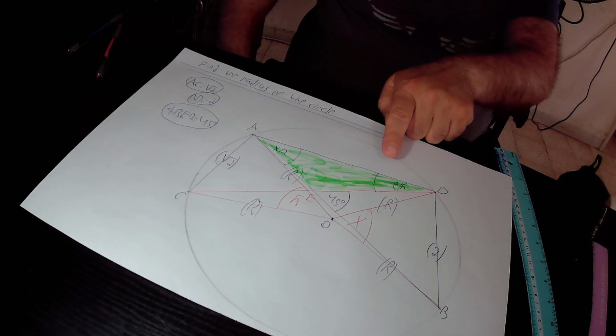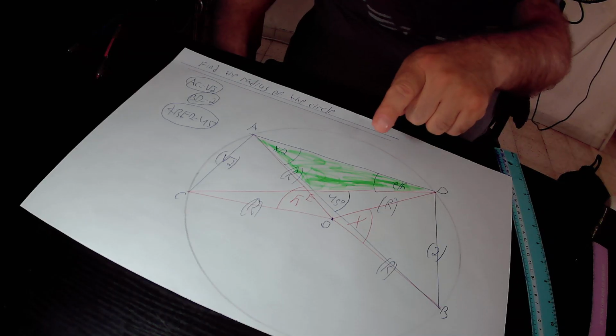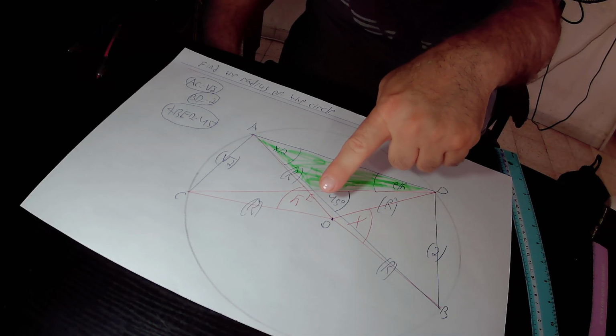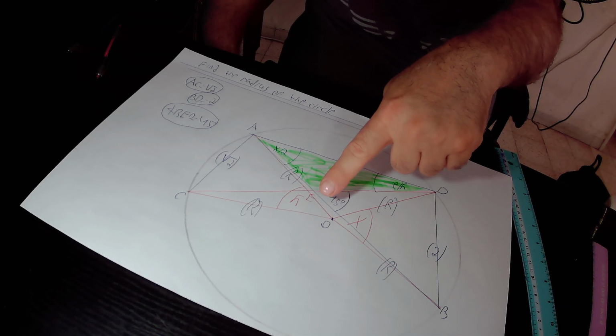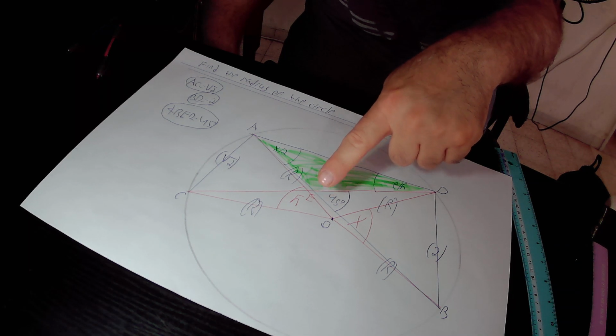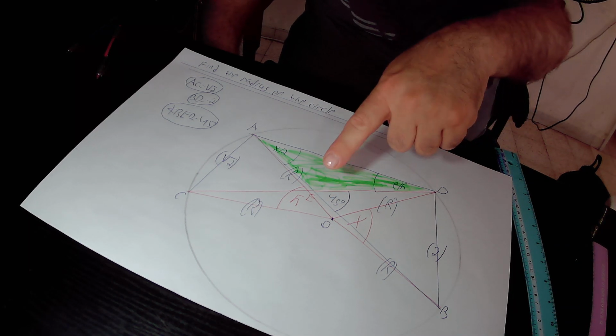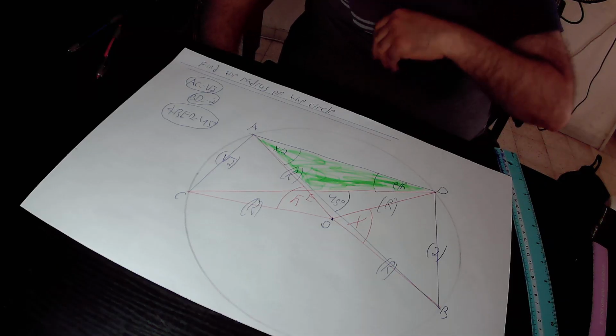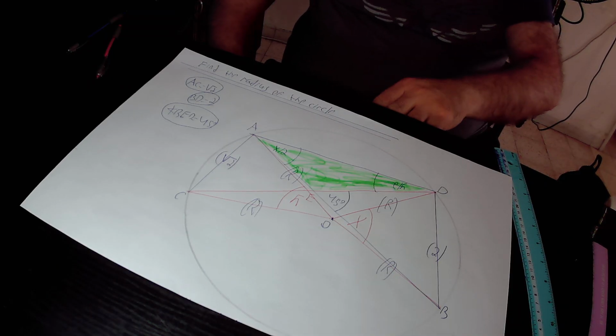The size of this peripheral angle ADC is y over 2, and therefore the size of this central angle AOC must be equal to y over 2 times 2, that is y, according to rule 13. Okay.